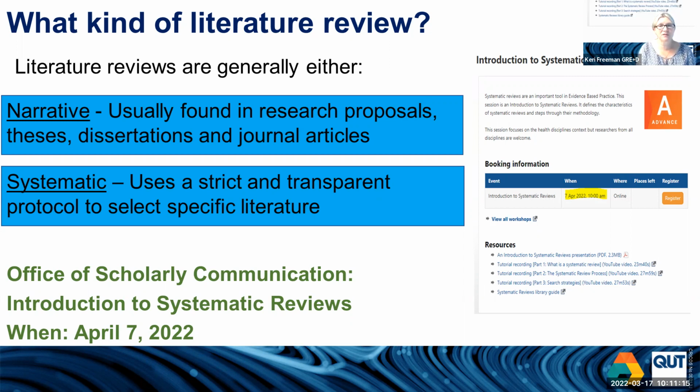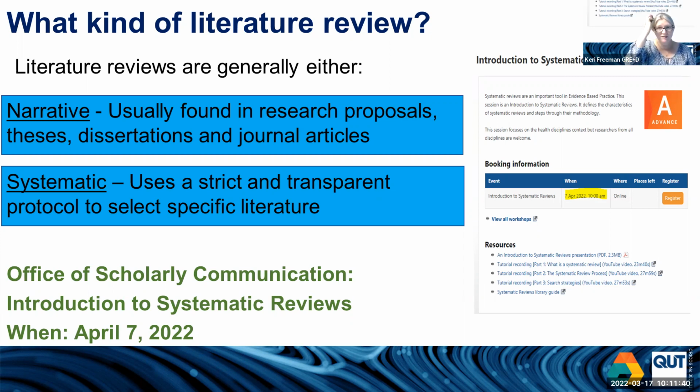Whereas with a narrative, you're looking widely and there are not as many restrictions. Your research proposals and your thesis are generally where we're doing the narratives. You might do a systematic one and try to publish that. That would be a good way to get a publication, particularly if you're doing a thesis by publication. Supervisors often recommend doing that.